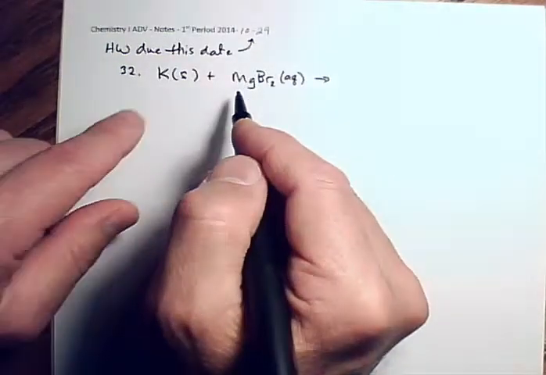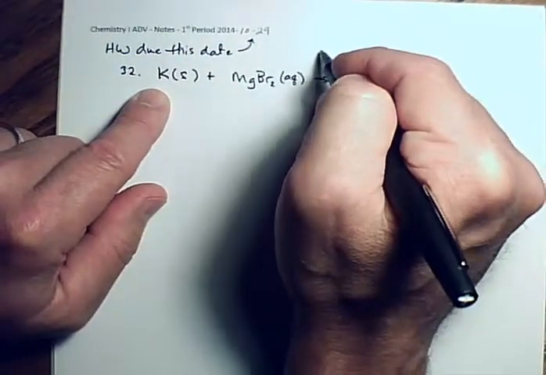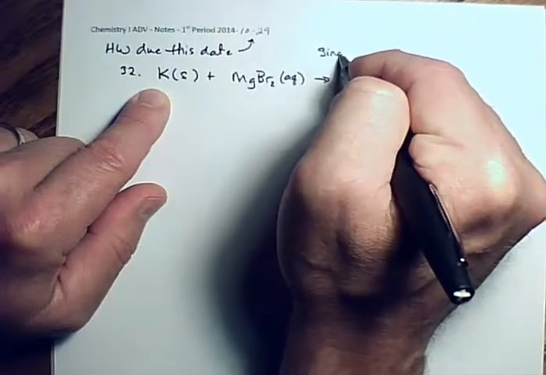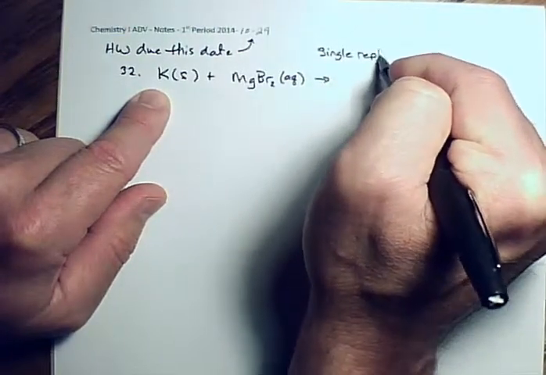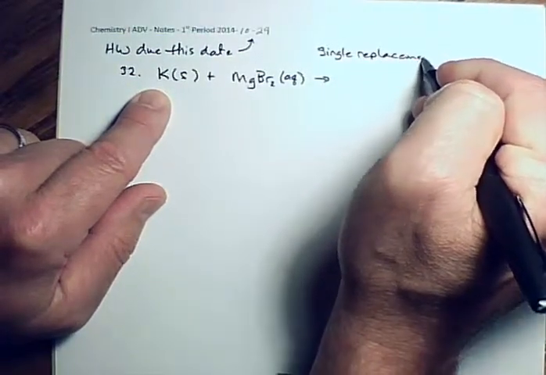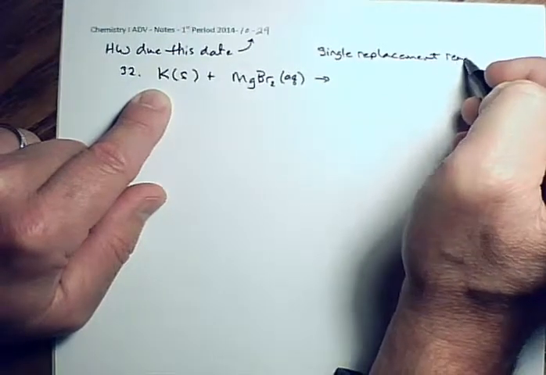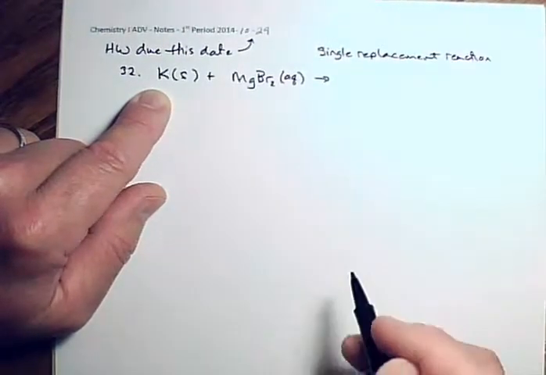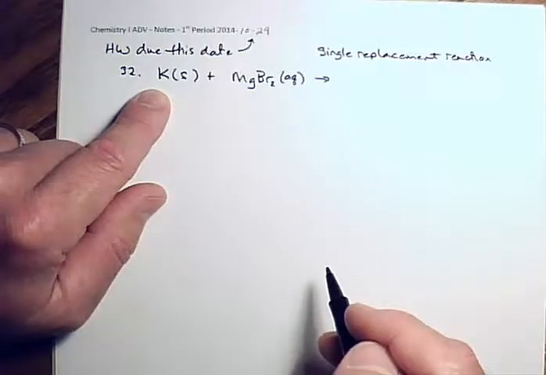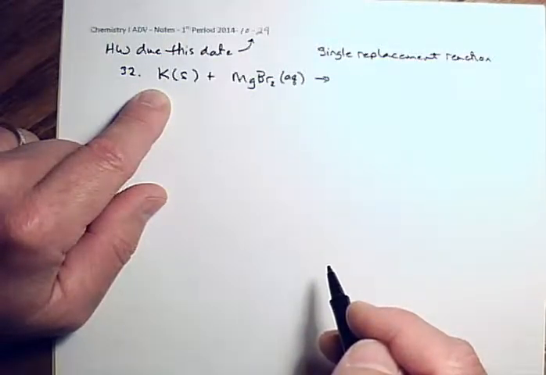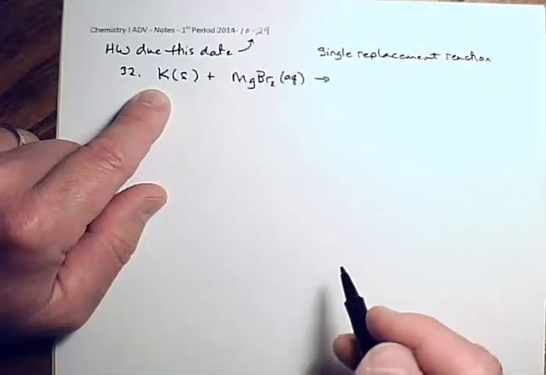So if we were to classify this equation, we'd classify this as a single replacement reaction. Okay? And one of the things you have to do on this test is to classify equations. There are 5 major classifications and 1 subclassification. So under double replacement, you also have acid-base.